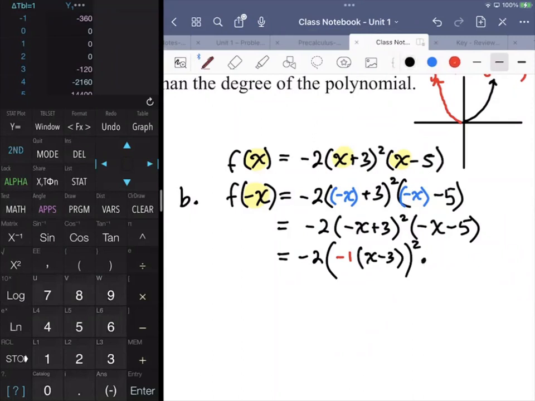Then for the second one, I'm going to factor out a -1. The only reason I'm doing that is because I want a leading coefficient of 1, a plain old 1. I don't want to lead my binomial with a negative. I could have written it as 3 minus x instead of negative x plus 3, but it's not going to be as apples to apples when we compare to the original function. So this way is a smidge nicer. So I could pull out a -1 for the second binomial and get x plus 5.